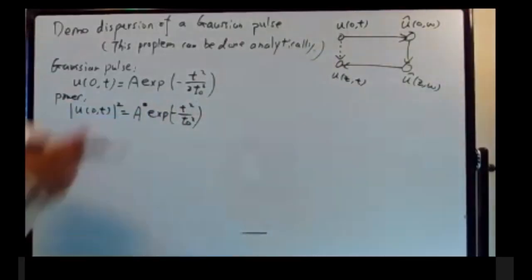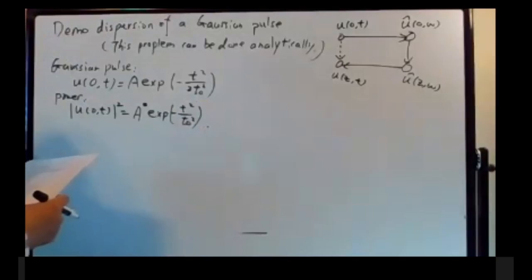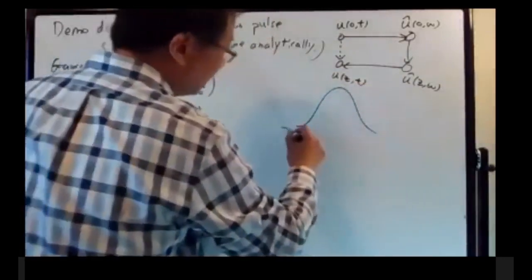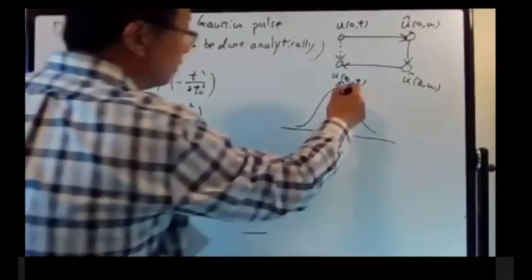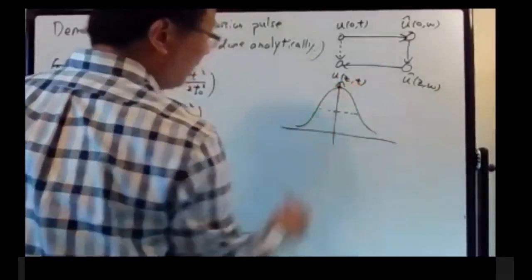So let's take a look. The pulse width is usually determined by its so-called full width at half maximum. So we have the pulse here in time domain. This is the maximum, and this is the half.